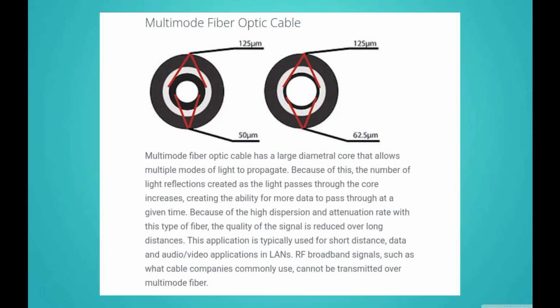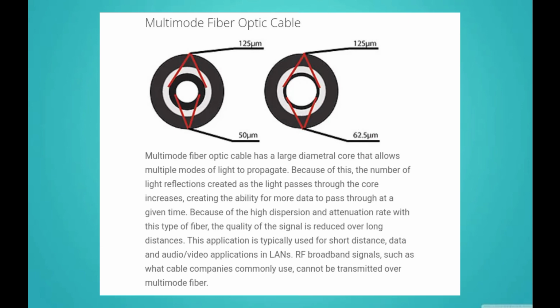Multi-mode fiber optic cable. Multi-mode fiber optic cable has a large diameter core that allows multiple modes of light to propagate. Because of this, the number of light reflections created as the light passes through the core increases, creating the ability for more data to pass through at a given time.